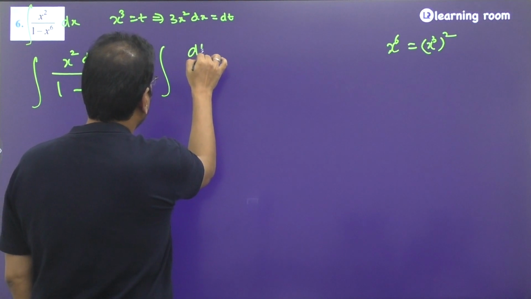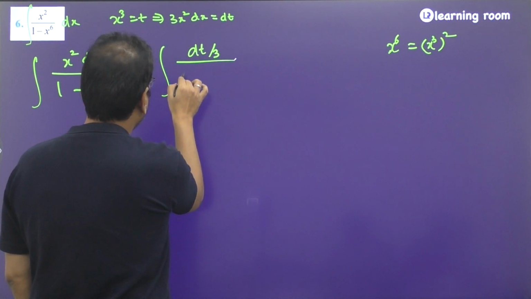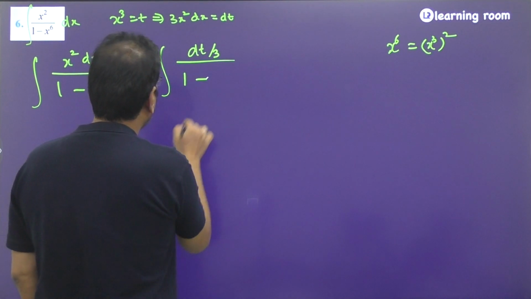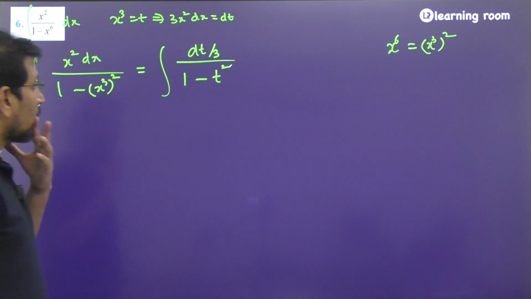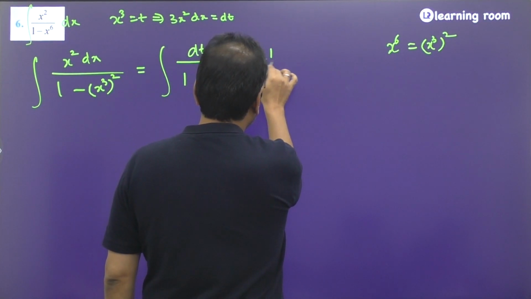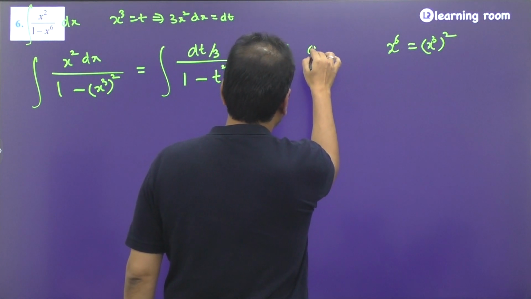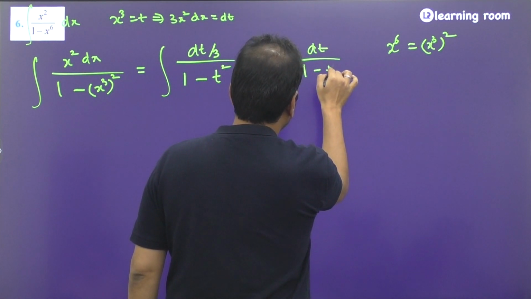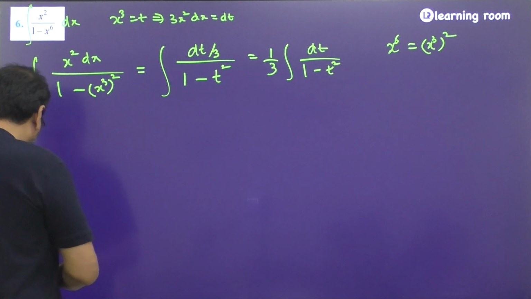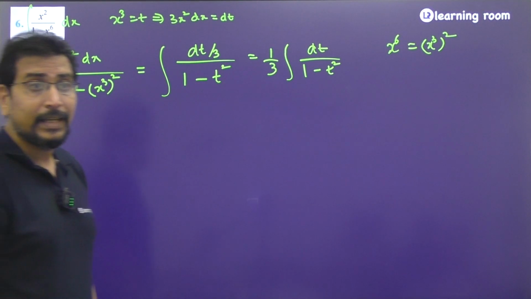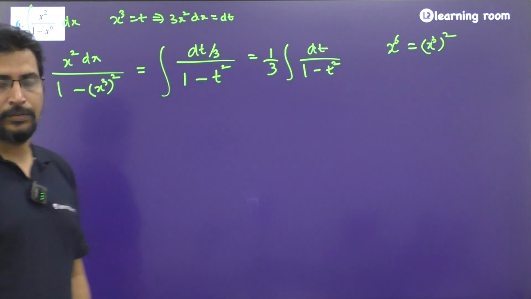So this will be the integral of dt by 3, the whole divided by 1 minus t square, since x cube is t. Right. So this will be 1 by 3 into the integral of dt by 1 minus t square. The formula is 1 by 2a log of a plus x by a minus x.